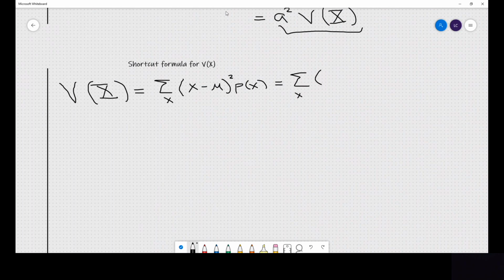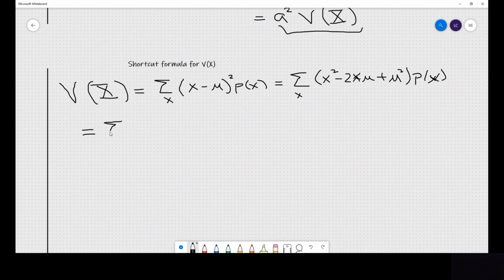So it looks a lot like it did above. So it's x squared minus 2x mu plus mu squared, p of x, which is equal to... so now all we're going to do is distribute, again, and use the fact that I can sum these whenever I want to.